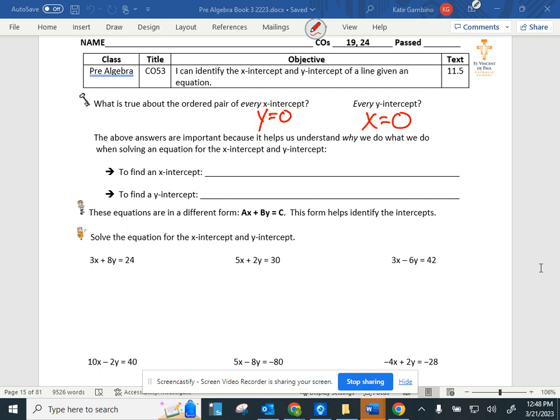So the above answers are important because it helps us understand why we do what we do when we're solving an equation for the x-intercept and for the y-intercept. You need to understand why we're doing the equations, why they work out. It'll help make sense. So, to find an x-intercept, you need to solve for x when y equals 0.